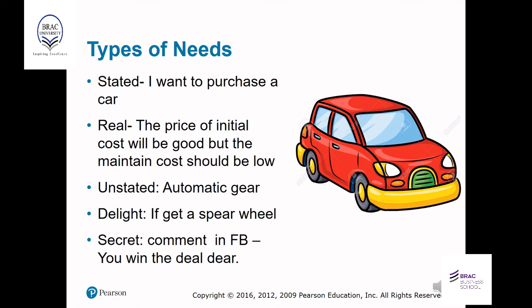So that one is my unstated need. So when I am going to state a need, there may be some benefit which must be included. I need not state that specific feature. That one is unstated need.